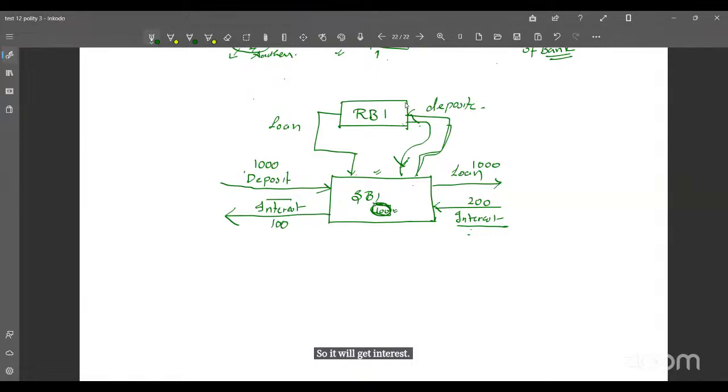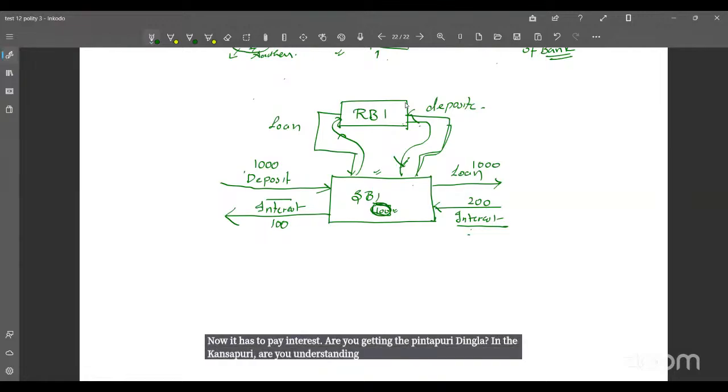So now it has to pay interest. Are you getting the point? Are you understanding this concept?